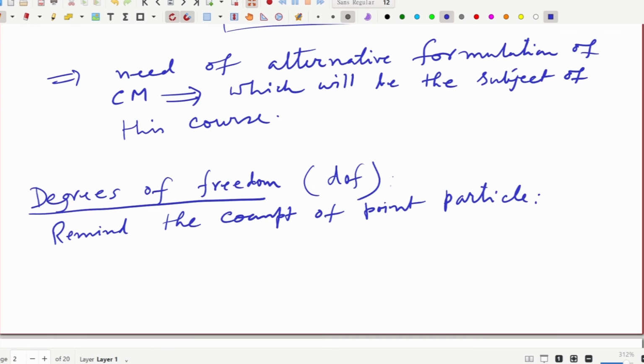So Earth, while describing its motion around the Sun, is a point particle, and when describing Earth's rotation, it is not a point particle. So the point particle concept is very relative. But in this course, whenever we say a particle, this will always mean a point particle.